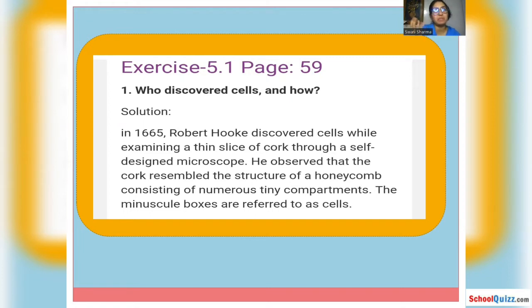Those compartments can be compared to rooms, like honeycomb-shaped rooms. These minuscule boxes are referred to as cells. These cells were actually in the shape of small compartments only. The name of the scientist is very important. So it was discovered by Robert Hooke in the year 1665.